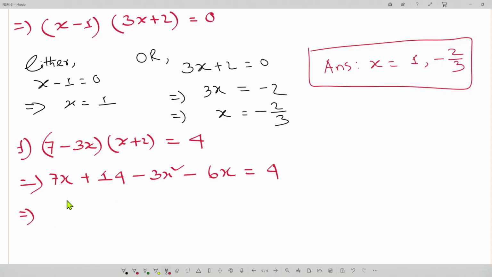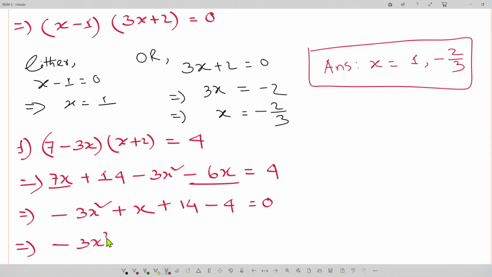Right? And now this 4 we can transfer from the right side to the left side. So first here is minus 3x square, 7x and minus 6x means plus x, and here is plus 14, and this 4 becomes minus 4 equals to 0. And now minus 3x square plus x plus 14 minus 4, it will be 10 equals to 0.